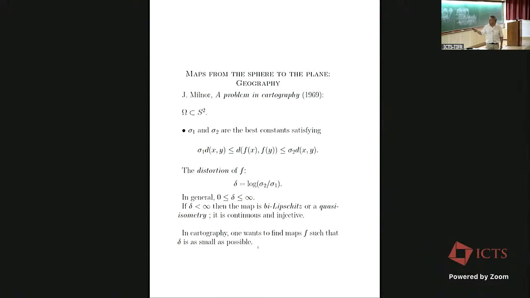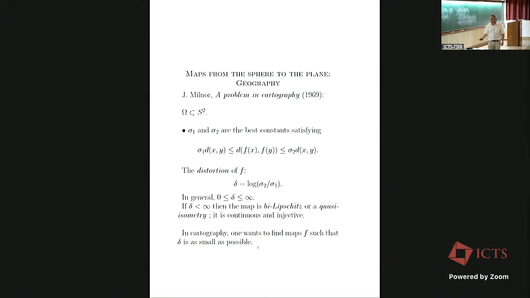This more or less tells you that the map is Lipschitz. This tells you that the inverse of the map is Lipschitz, and sigma 1 is the greatest constant which satisfies this, sigma 2 is the smallest constant which satisfies this. Then the distortion is the logarithm of sigma 2 by sigma 1.